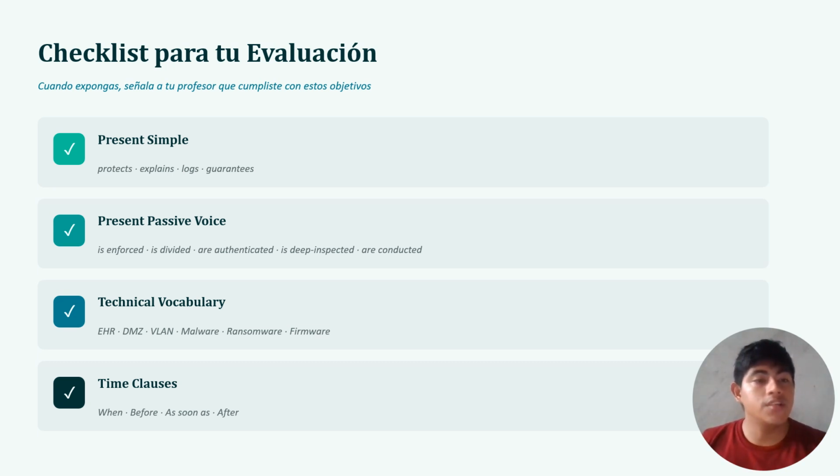Throughout the presentation, I used four structures of technical English. First, present simple, with verbs like protects, explains, logs, and guarantees to describe automatic and permanent functions of the system.